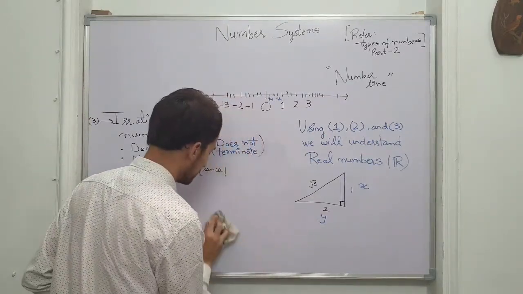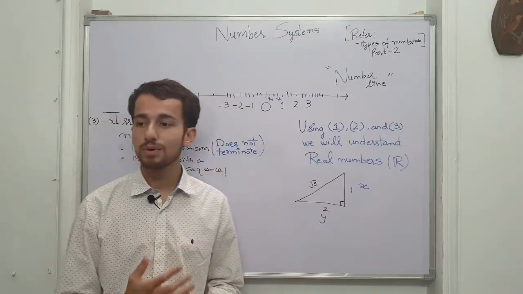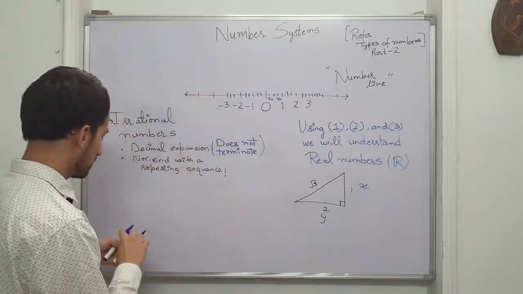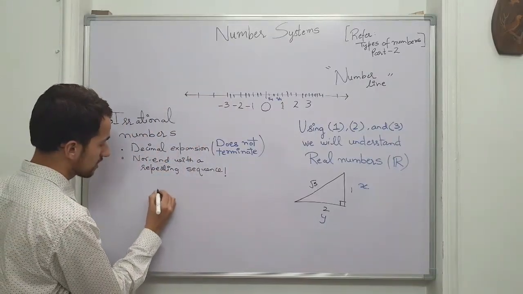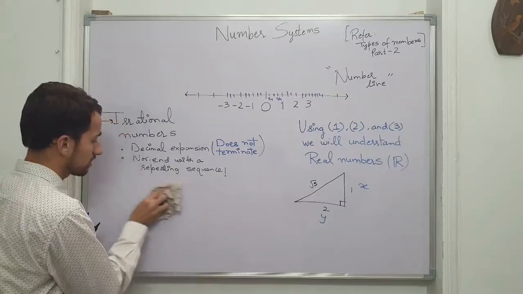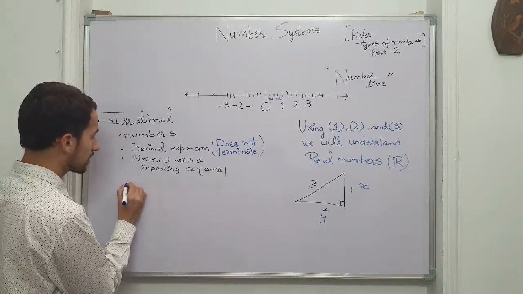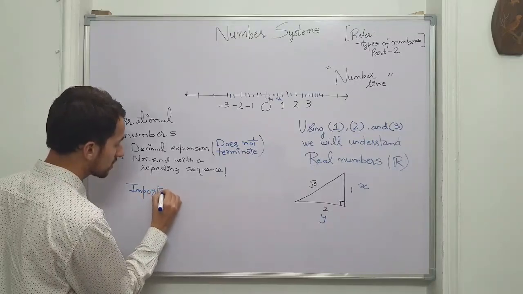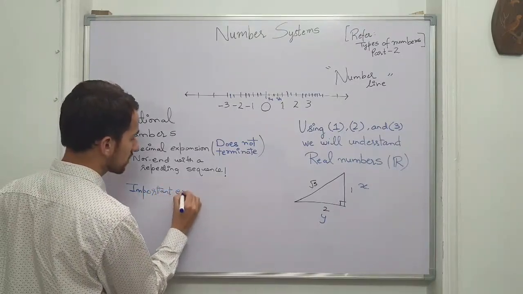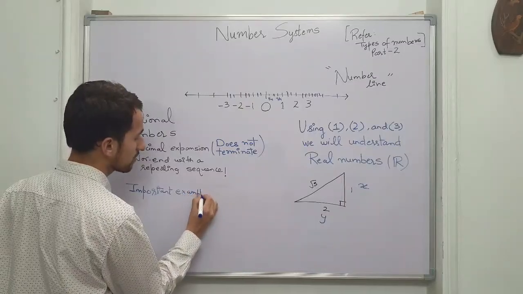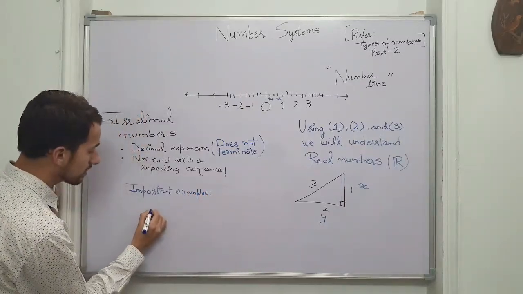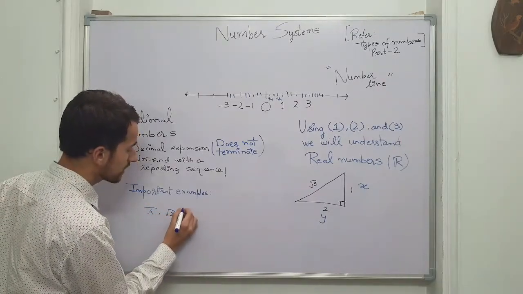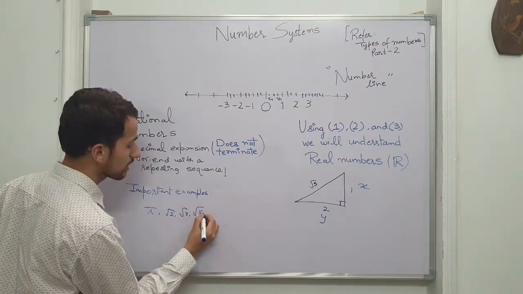Some important irrational numbers which you are going to encounter throughout this chapter: the first is pi. Important examples of irrational numbers are pi, root 2, root 3, root 5, this kind of numbers.